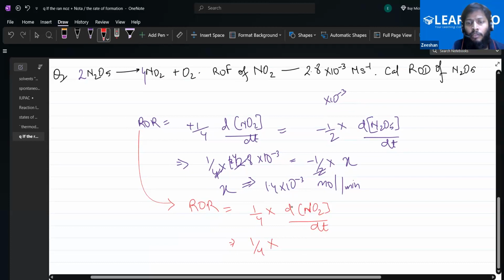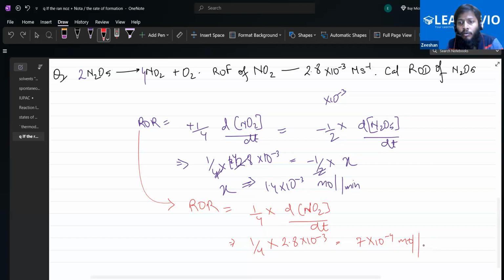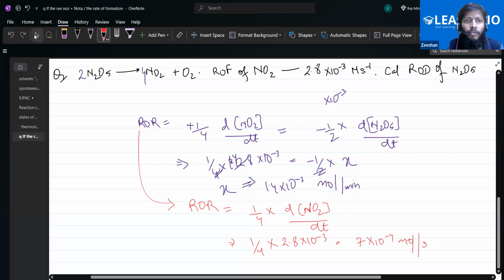The value of this one given is 2.8 into 10 to the power of minus 3, and we will get 7 into 10 to the power of minus 4, meaning 0.7 into 10 to the power of minus 3 mole per second. Sorry, it will be per second, since the question is given in seconds. Got it?